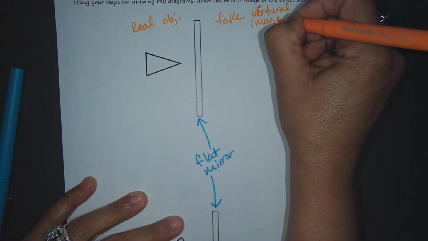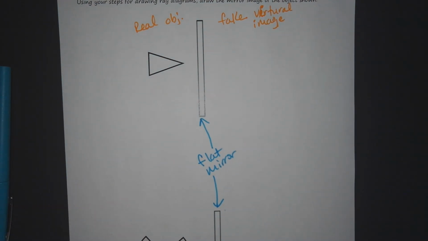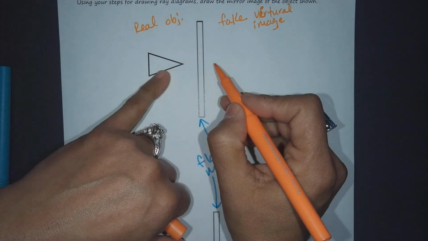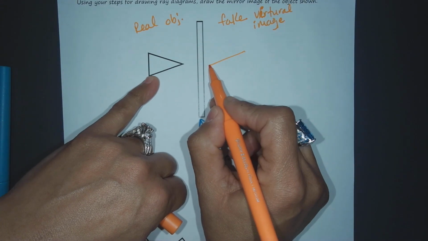Let's use that word because I don't want to confuse us between object versus image. You are the object. When you looked in a plain flat mirror this morning, you saw the virtual image that was produced. But remember, on a plain flat mirror, it is always going to be flipped opposite.